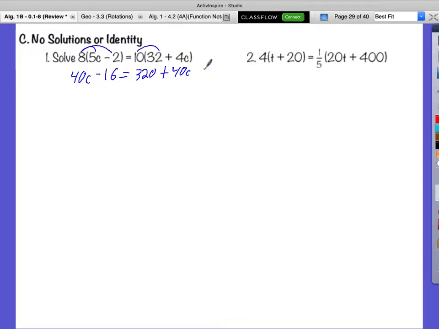How do we move one of these to the other side, Brady? Subtract. Okay? We're going to subtract 40c from each side. What is 40c minus itself? 0. Negative 16 is equal to 320, and what's 40c minus itself? 0. Hey, we don't have any c's left. Does negative 16 equal 320?